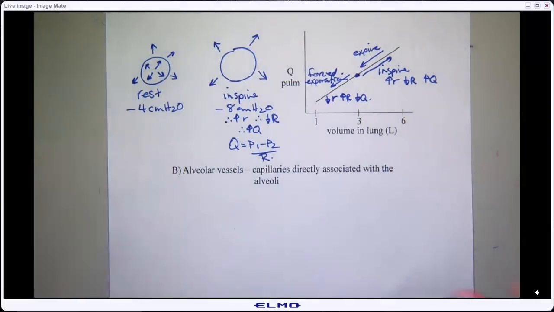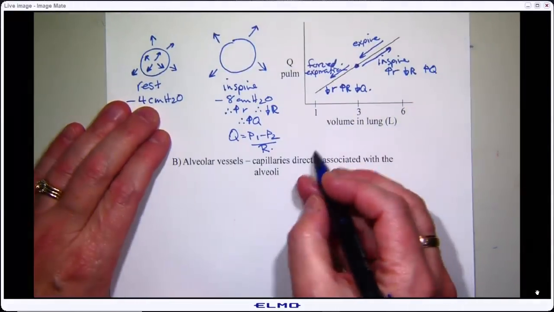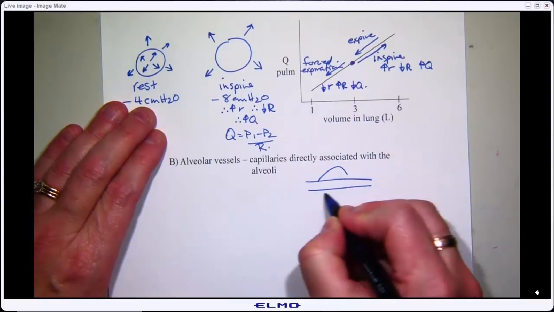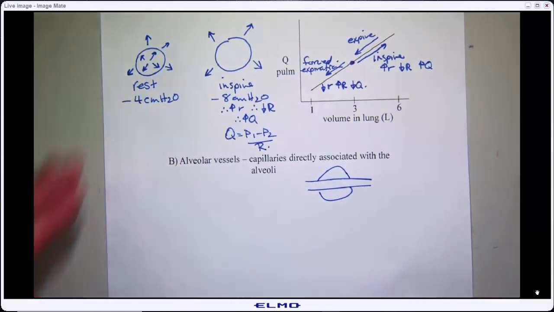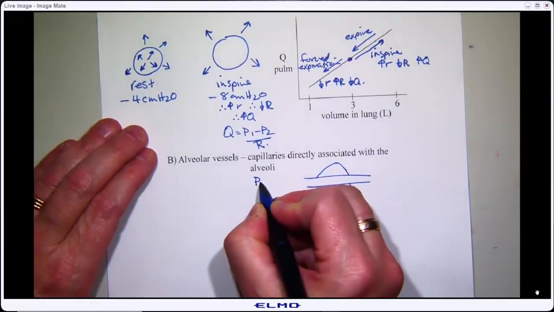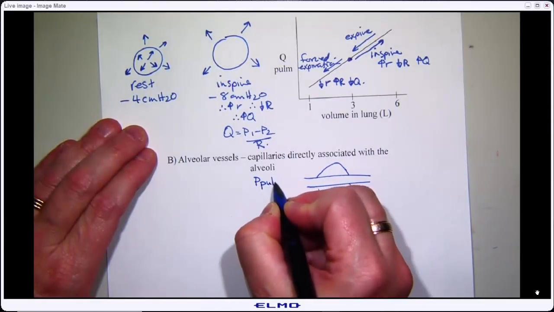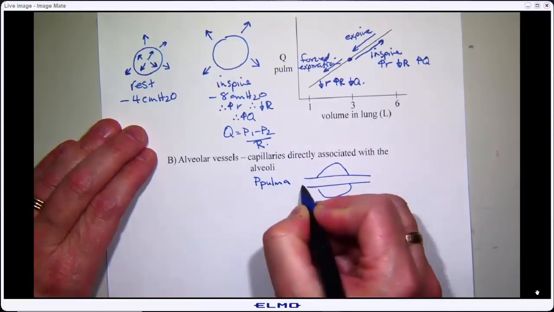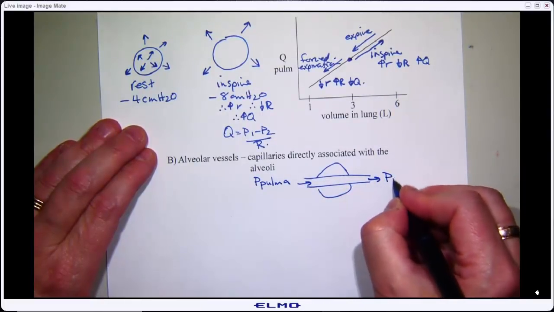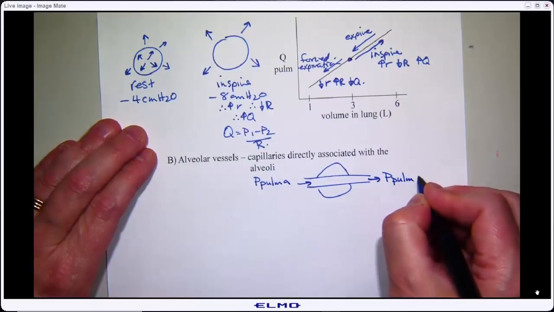So the environment of a capillary directly associated with the alveolus is a little bit different. If I've got this capillary and I've got this alveolus, I know I'm getting flow because I've got pressure in the pulmonary artery feeding it. On the other side, pressure in the pulmonary vein.